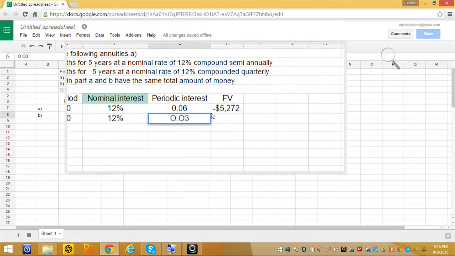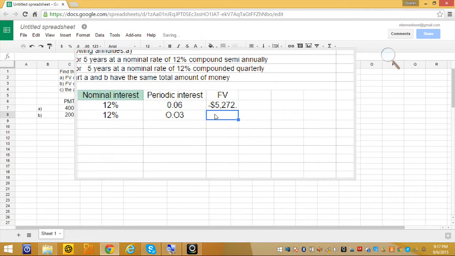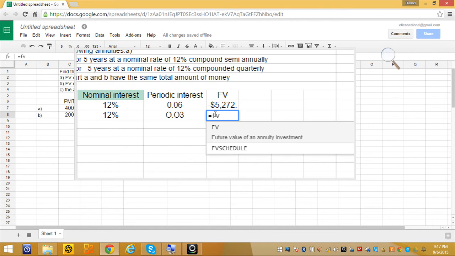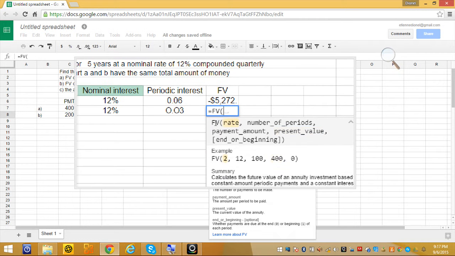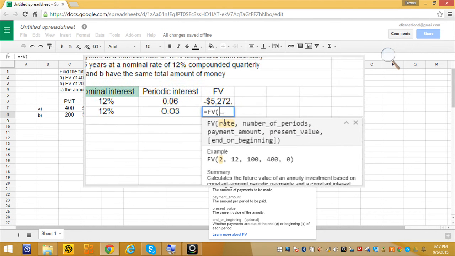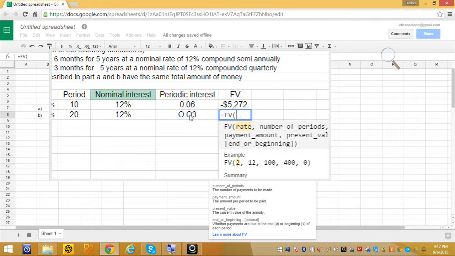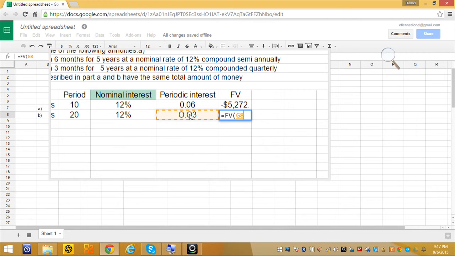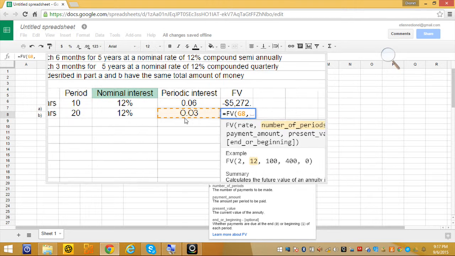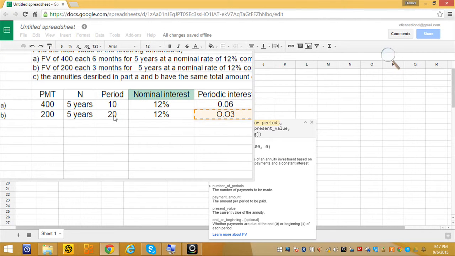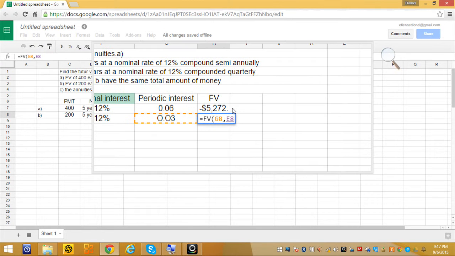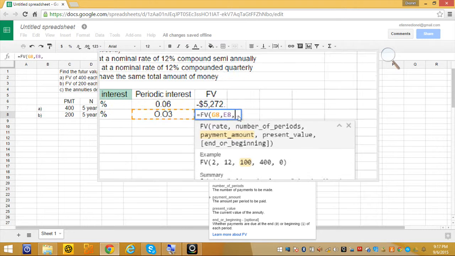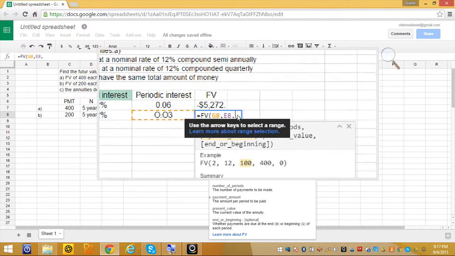So let's do the future value, the same thing. You press the equal sign, and then the function is FV, parentheses, you get the rate. The rate is your periodic rate. Then comma, number of periods, you click on the number of periods, 20, comma, and then you got payment.